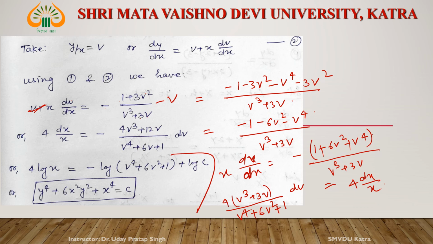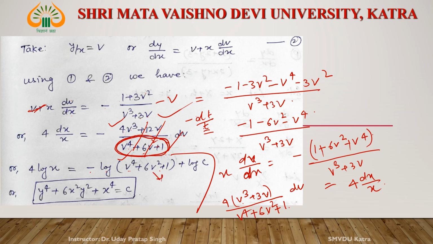So this becomes 4v cube plus 12v, and v to the power 4 plus 6v square plus 1, dv. And after assuming this is t, 4v cube plus 12v dv is dt. This becomes dt by t with negative sign, so minus log t, minus log of v to the power 4 plus 6v square plus 1.